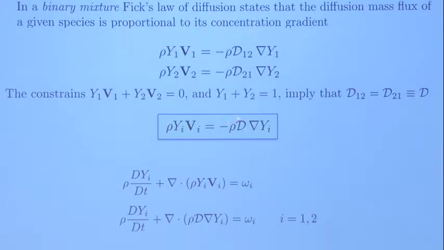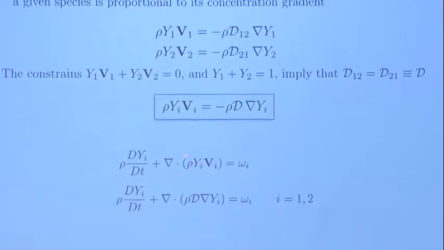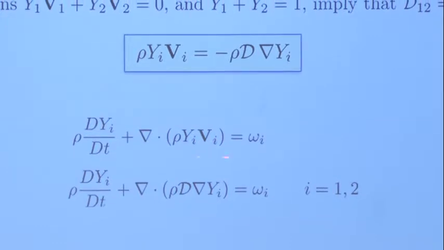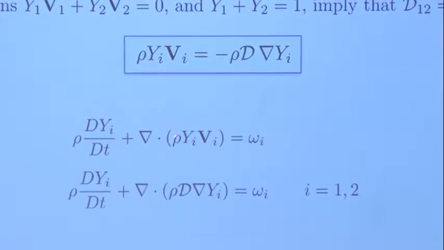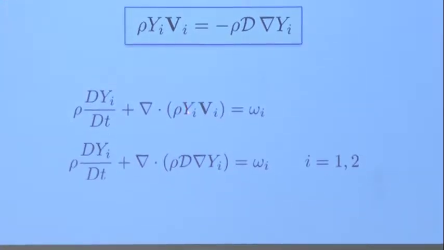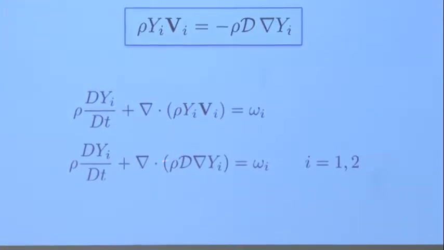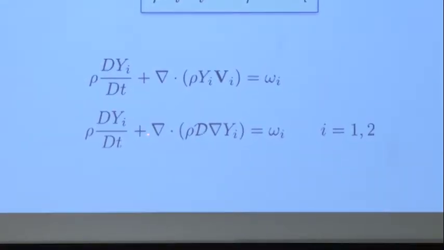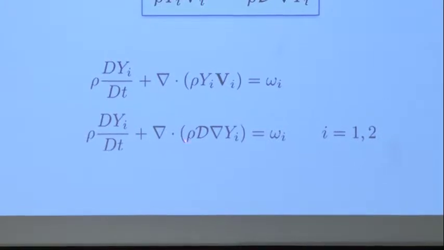Now, if you substitute that into the species equation, remember we had a term which was just the divergence of the diffusion fluxes. So we replace this rho yi vi by the appropriate term. So we are going to get now, there's a mistake here, it should be minus.